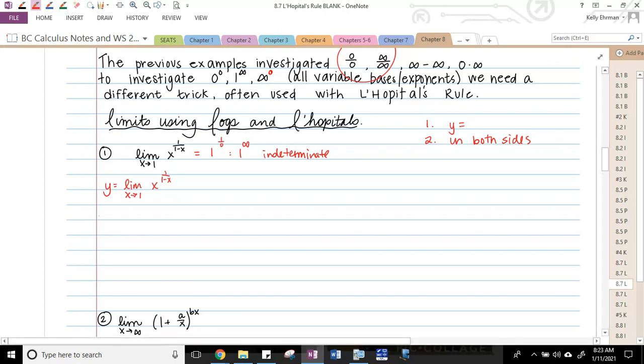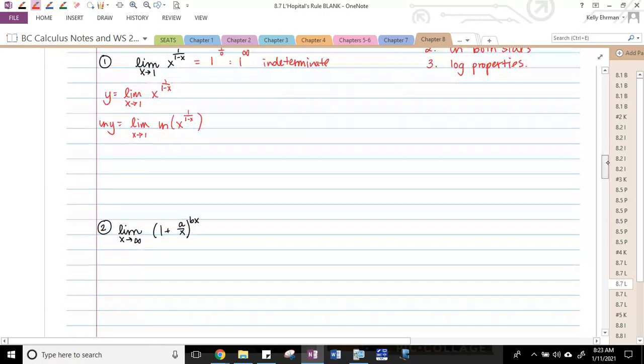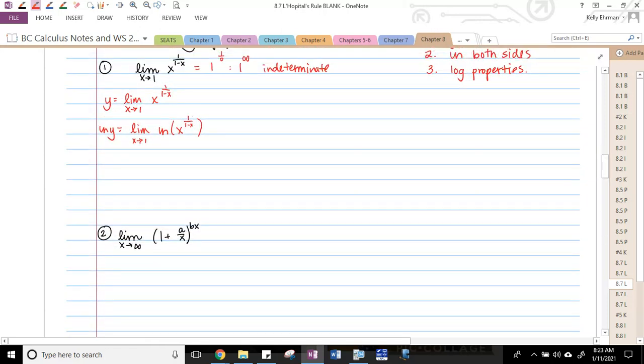Okay, so natural log y equals, keep your limit notation out in front, natural log x to the 1 over 1 minus x. The reason we're natural logging both sides is because we would like to get this exponent with a variable out of its exponent position. So step number 3 is to use log properties. The log property I want to use is just on the right side here, where I can say if I have the natural log of something with an exponent, that exponent can be pulled out in front and multiplied.